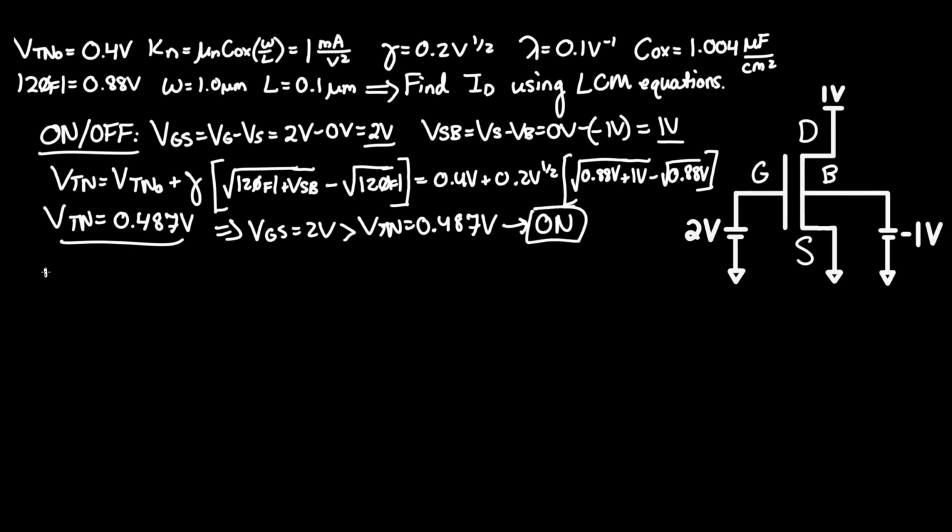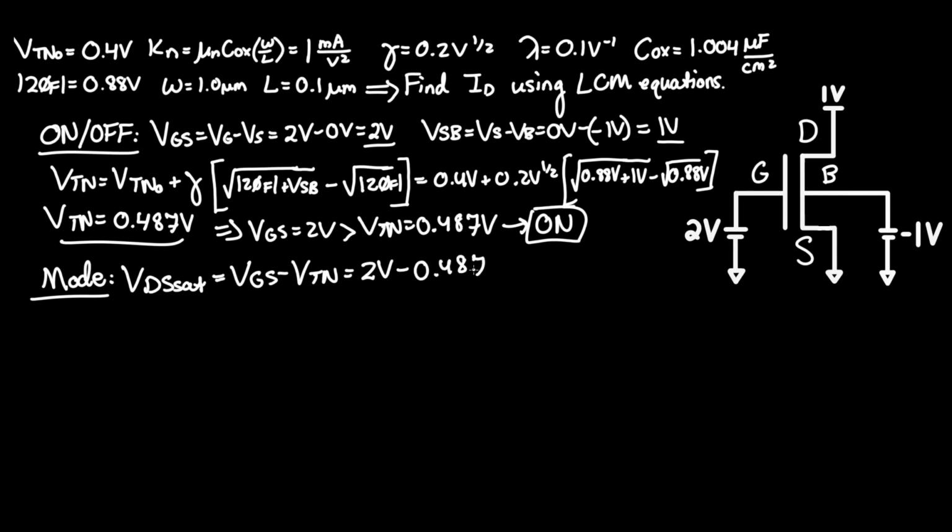Now we must see what mode it's in. Using the variable VDS sat, if VDS is greater than this, it's in saturation, and if it's less than this, it is in triode, or linear, which is the same thing. Now VDS sat, which is under the long channel model equations, is simply VGS minus VTN. And that equals 2 volts minus 0.487 volts.